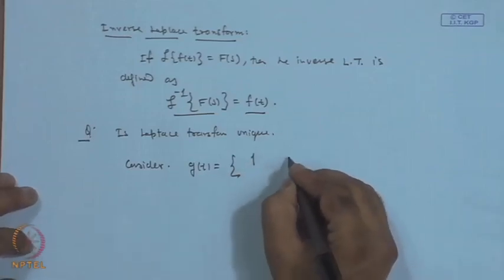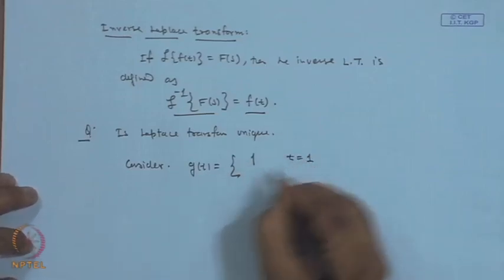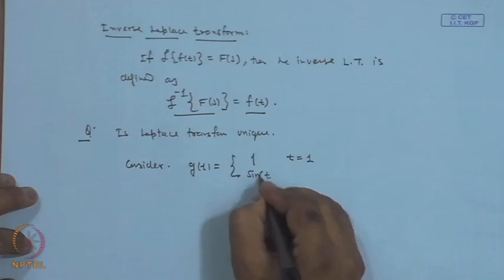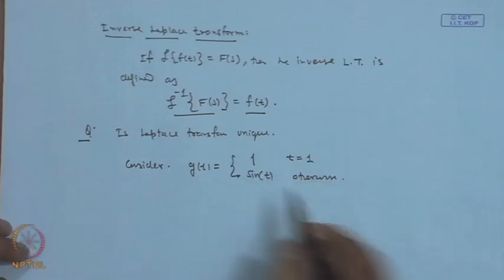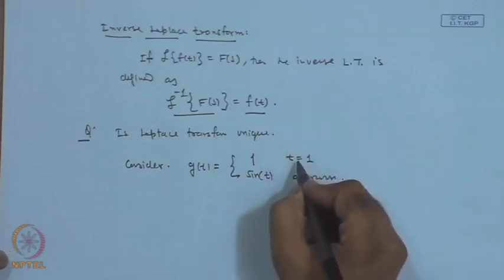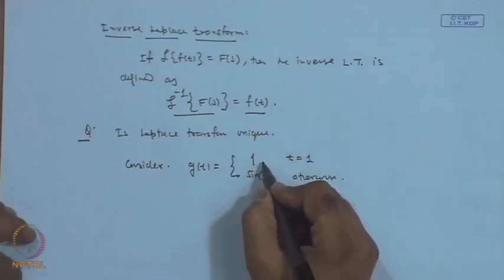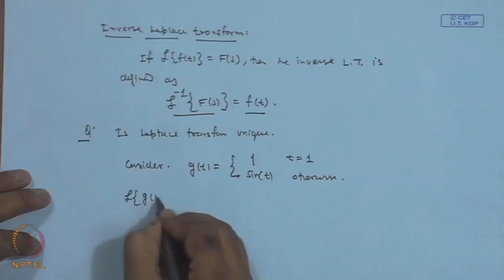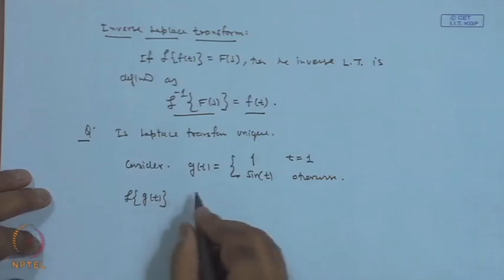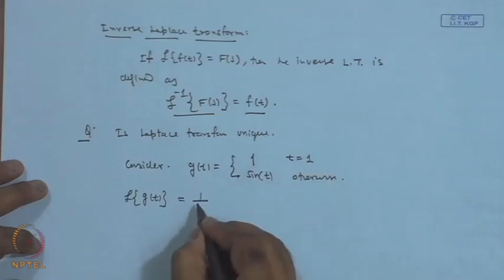It is 1 at t equal to 1, and the value is sin t otherwise. So at all other points it is sin t, and at t equal to 1 the value of this function is 1.